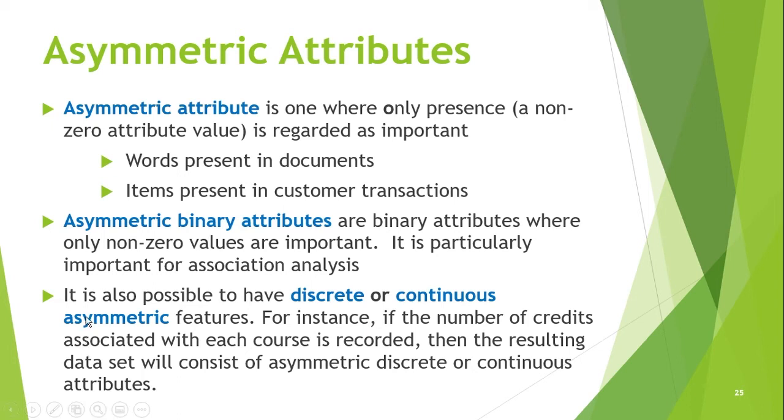Marami. It is also possible to have discrete or continuous asymmetric features. For instance, if the number of credits associated with each course is recorded, then the resulting dataset will consist of asymmetric, discrete, or continuous attributes. Kung marami na yung sa listahan mo. So, that's a continuous asymmetric attribute.